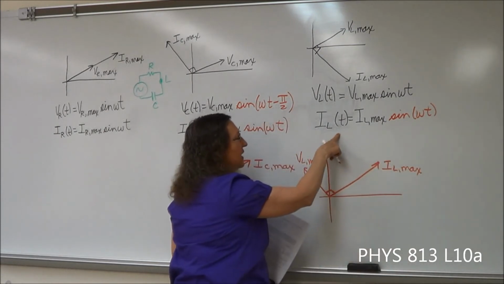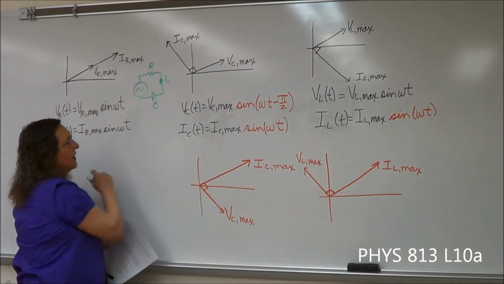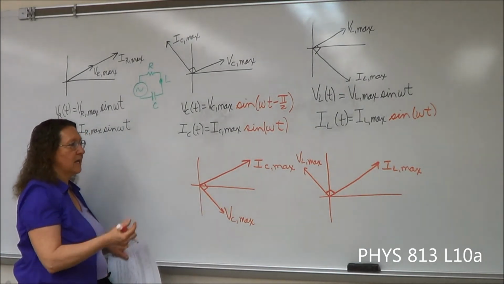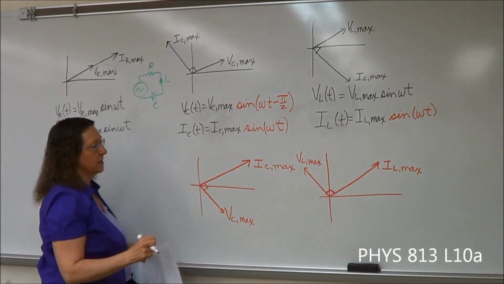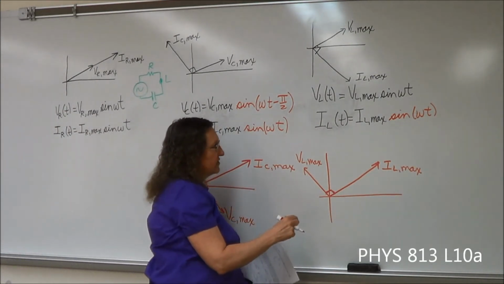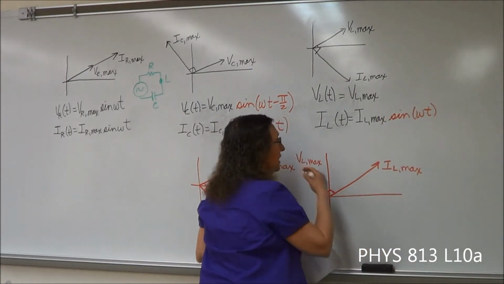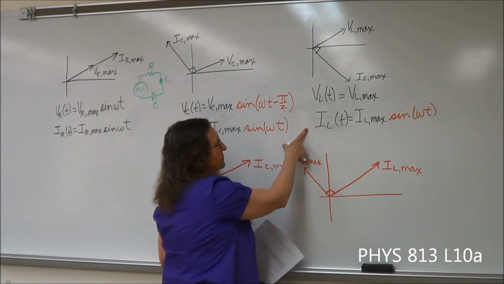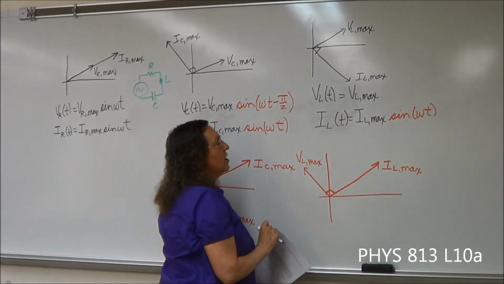And then that equation will be the same as what we have for the capacitor and the resistor. That tells us that the current is the same at all points in the circuit at any particular instant. Now, we have to modify our voltage equation to keep it the same relative to the current.